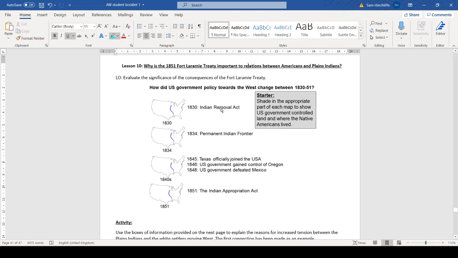So the Indian Removal Act is the idea of removing Native Americans who were living here to the west of the Mississippi River. Four years later, the permanent Indian frontier is declared. Think about what the word permanent means. It means forever. And a frontier is a boundary, a border. That is agreed, and it's not necessarily a wall.